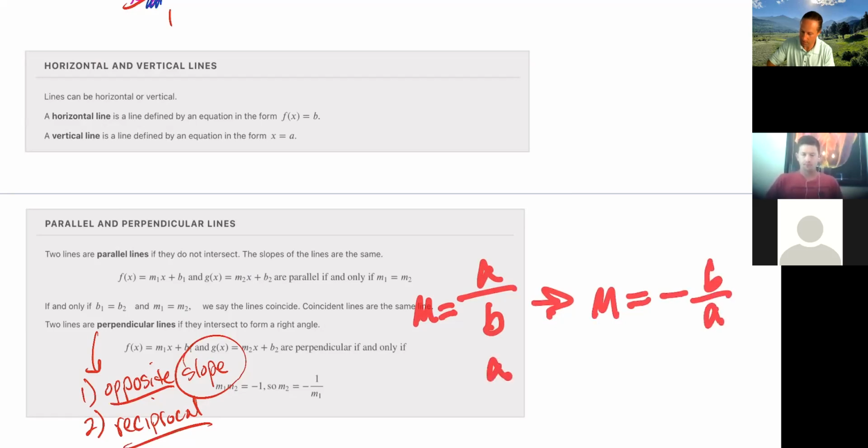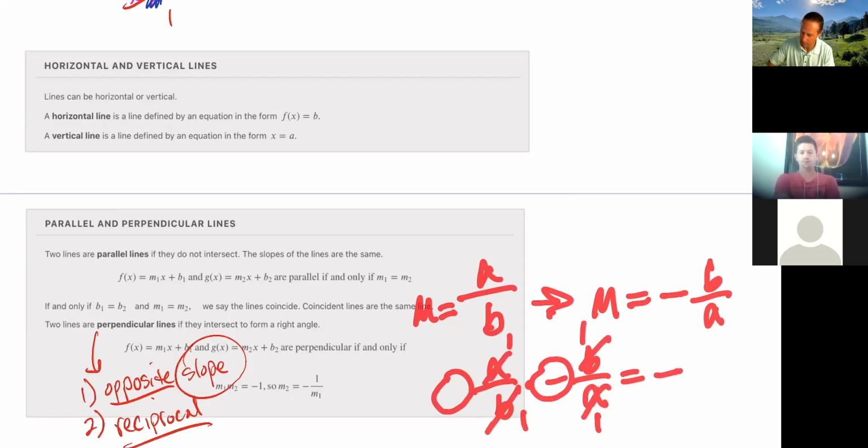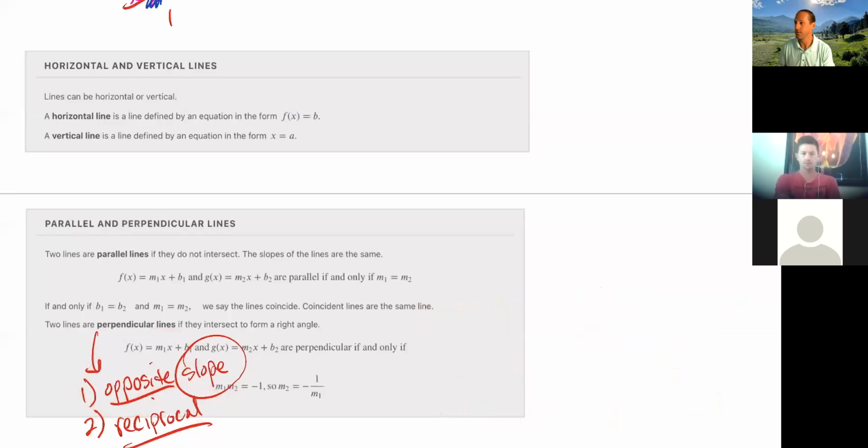And if I multiplied this times that, notice positive times negative is going to be negative, and then b over b, a over a would all cancel to be 1. So that's the quick, easy way to check, but I think it's easier to just do that. Is one positive, one negative? Definitely not parallel. It could be perpendicular if they're reciprocals of each other.